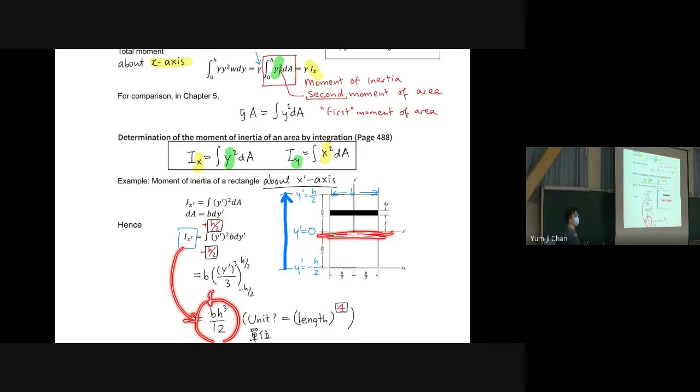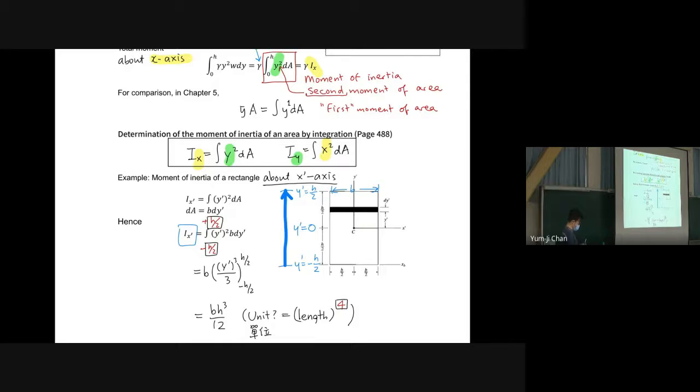The first thing is the units of I is equal to length to the power 4. The second thing is, I think you can remember this after you take your year 2 course, and you will see this next year.